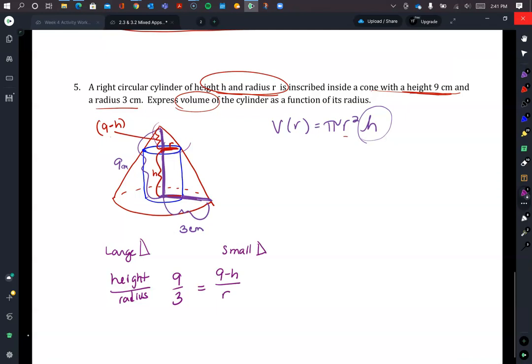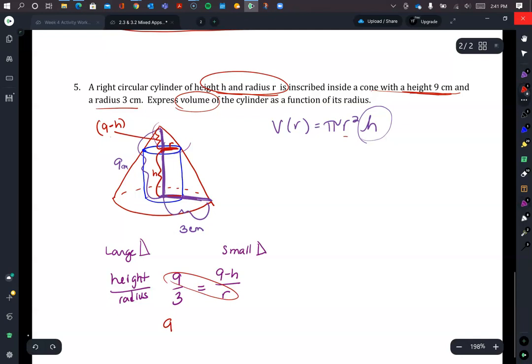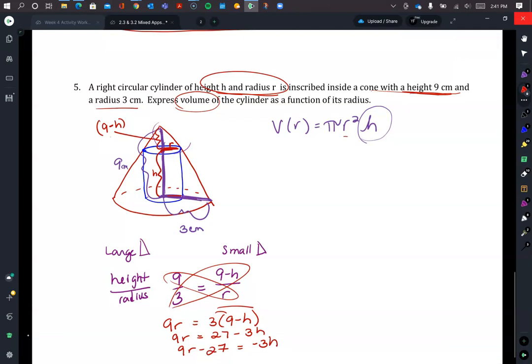So if I cross multiply there, I could do 9r equals 3 times quantity 9 minus h. Then I would have to solve out for h. So I would want to distribute this. So I would have 9r equals 27 minus 3h, and then I would subtract 27 from both sides, and then divide through by negative 3.